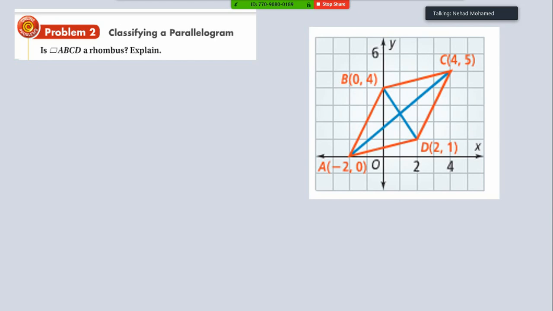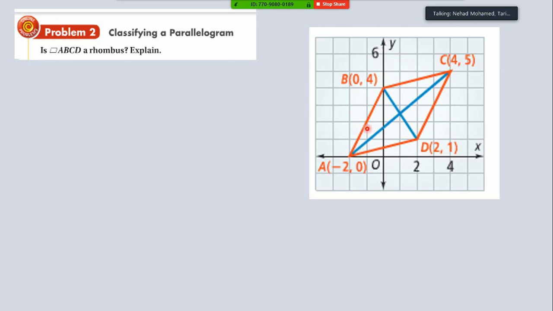For example, the red polygon ABCD is a parallelogram, already given. He asked, is ABCD a rhombus? When is the shape a rhombus, if it is already a parallelogram?